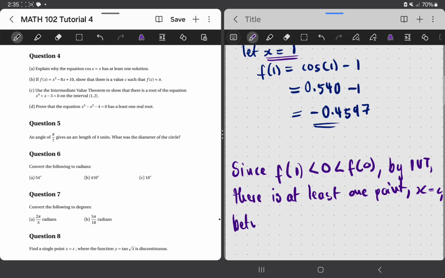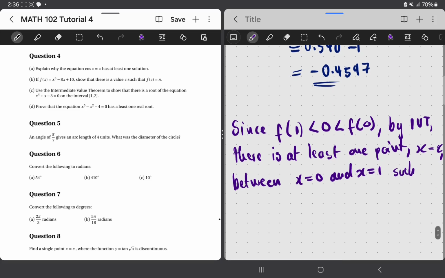Between x equal to 0 and x equal to 1, there is at least one solution. You can say there is at least one point between x equal to 0 and x equal to 1, which is called point c, or x equal to c, such that f of c is equal to 0, which, in other words, gives us a solution, okay?